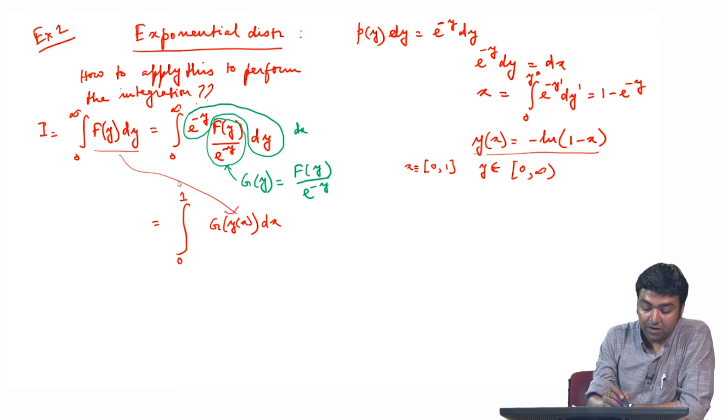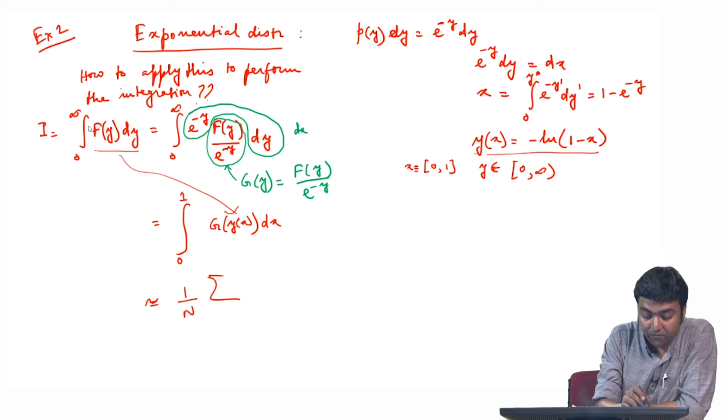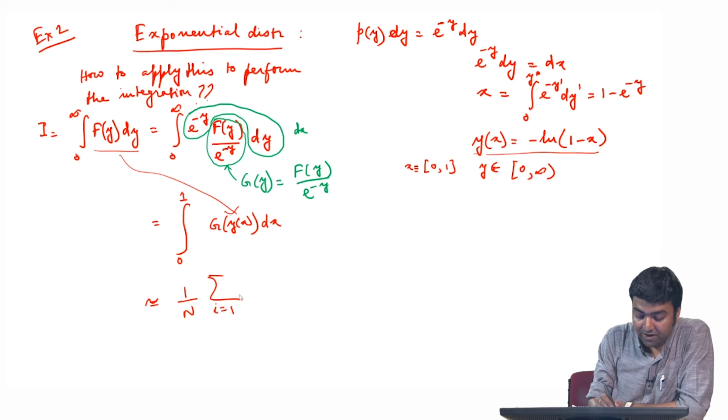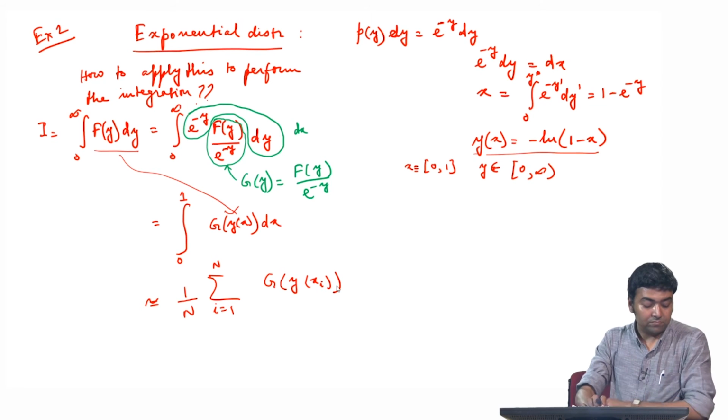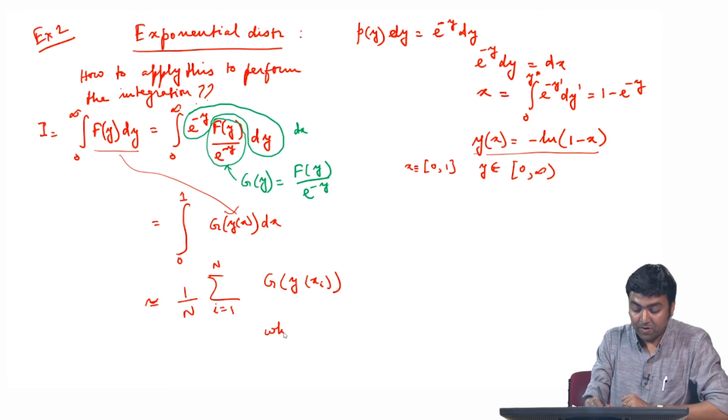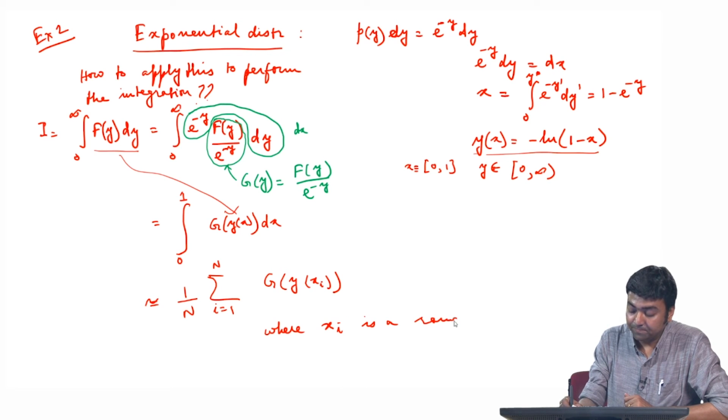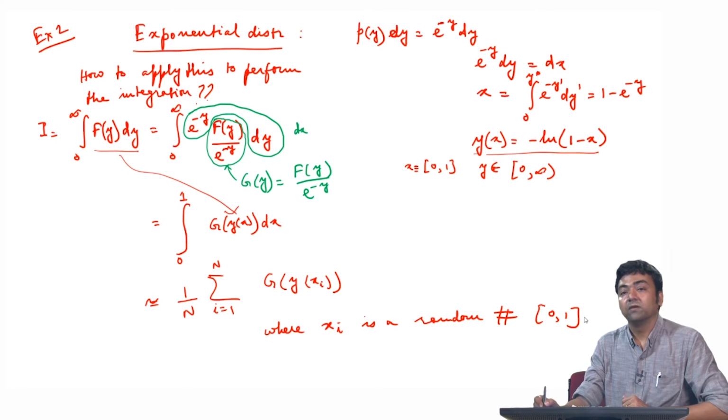This is how the integrand looks after the variable transformation, and then I can use Monte Carlo to approximate it in the following way. Instead of evaluating the function f(y), I will find the average of the function g(x_i), where x_i is a random number in the interval between 0 and 1.